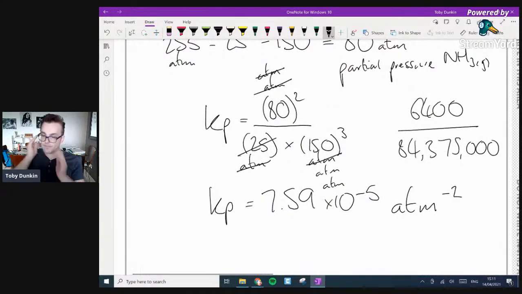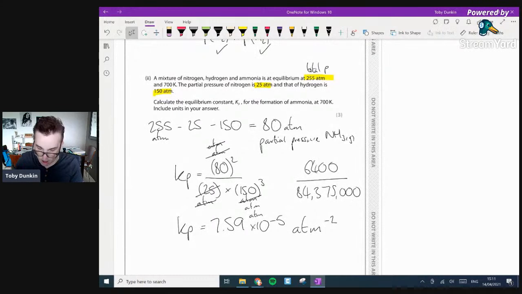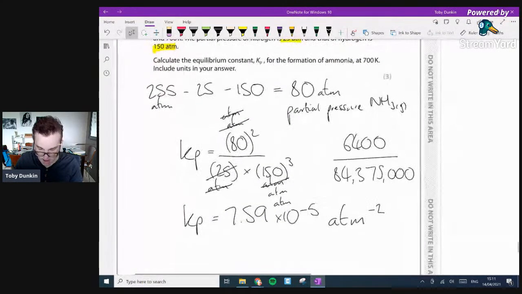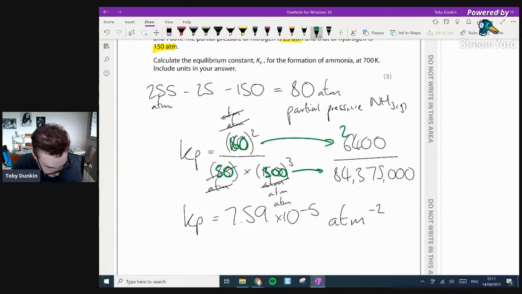So all of a sudden, I suddenly up the pressure. And what you realize is, let's double everything. 80 becomes 160, 25 becomes 50, and this becomes 300. Right, let's translate this over to here. 160 squared equals 25,600.